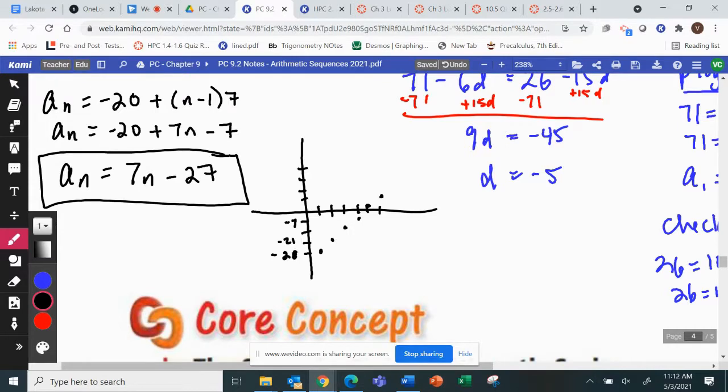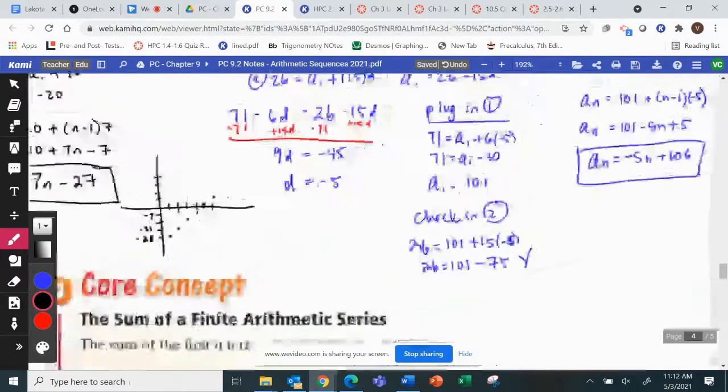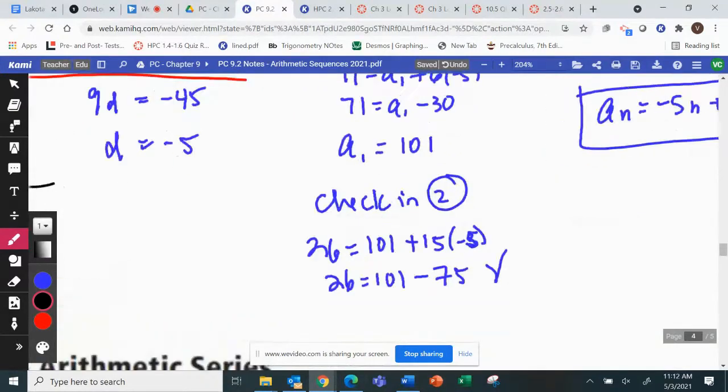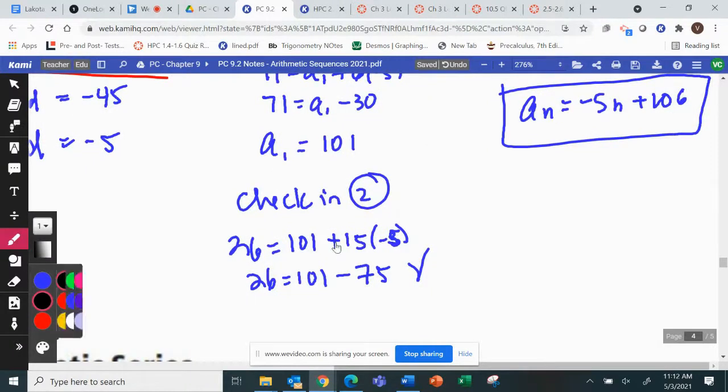So I don't really have to plug in each of those numbers. I find my first term, and then I just add 7 each time. I'm going to do the same thing on this one here. We should have a sub n equals negative 5n plus 106.